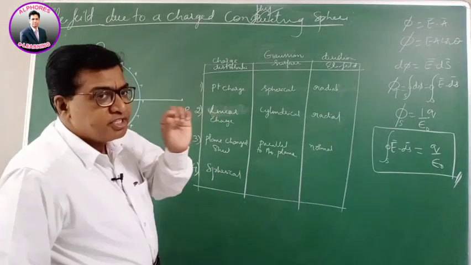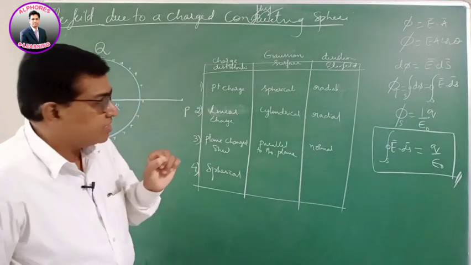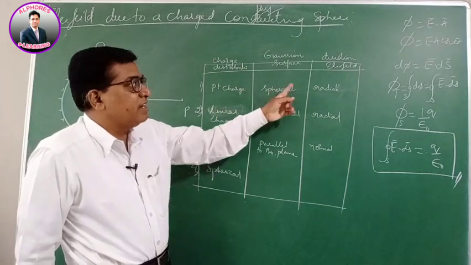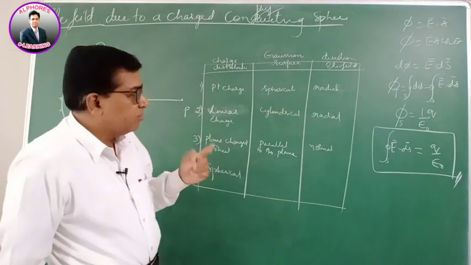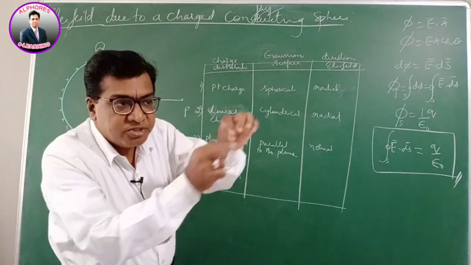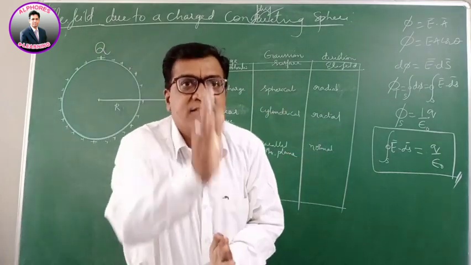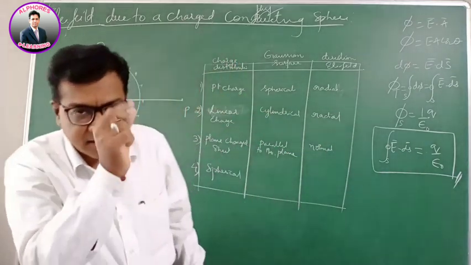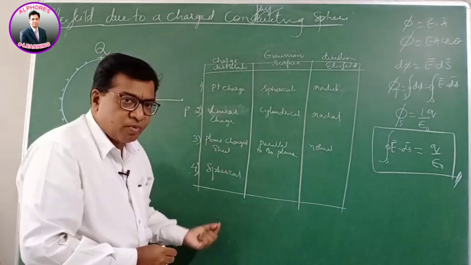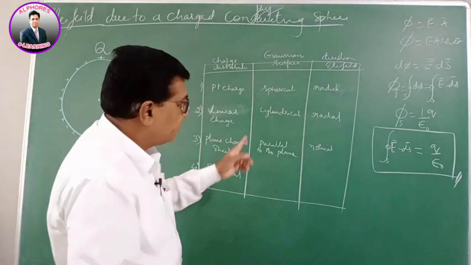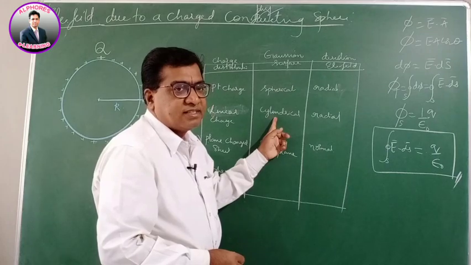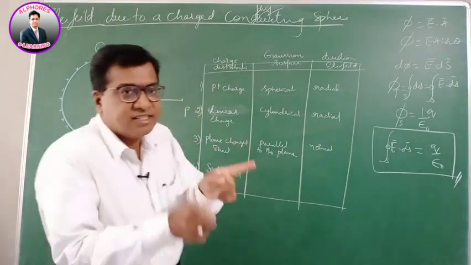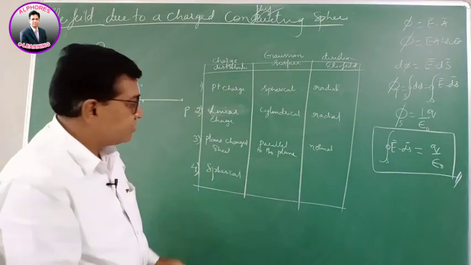First, if the charge distribution is a discrete charge, a point charge, then the Gaussian surface is spherical and the direction is radially outward for positive. If the charge distribution is linear, like a charged wire or a charged cylinder, then you have to imagine a cylindrical Gaussian surface. Again, the direction is radially outward from that line of charge.